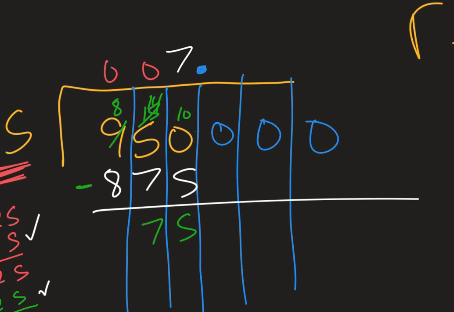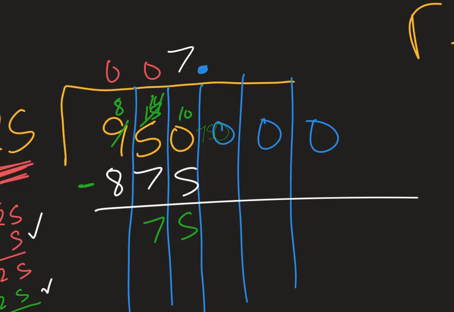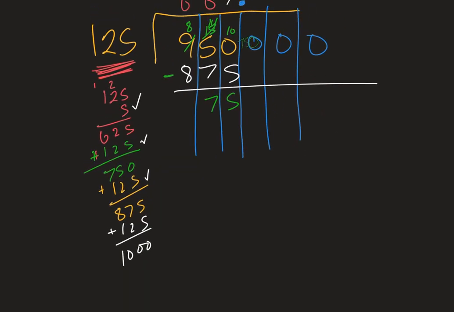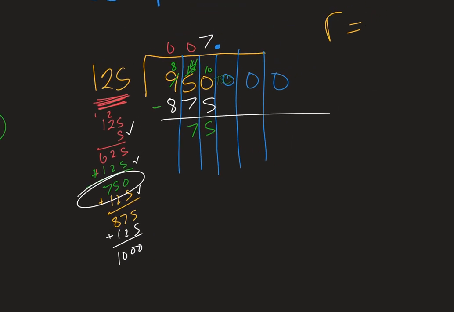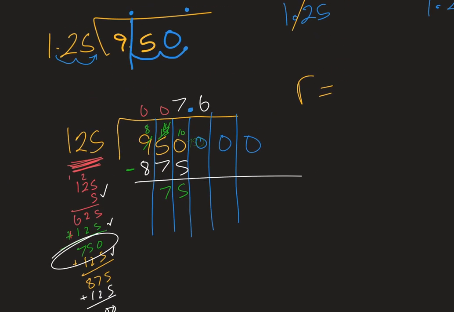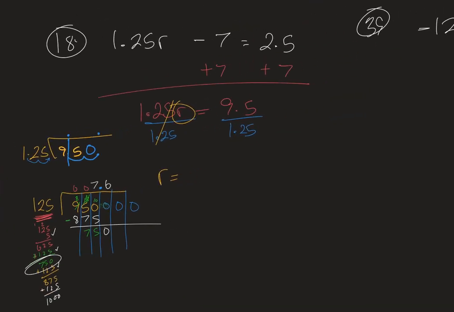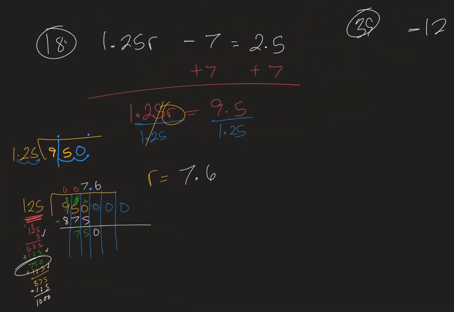This is now 750 right here. And we actually had that, right? Right here. So 750, this was times 5. This was times 6. So, oh my gosh, the worst combination of numbers. It's 7.6.